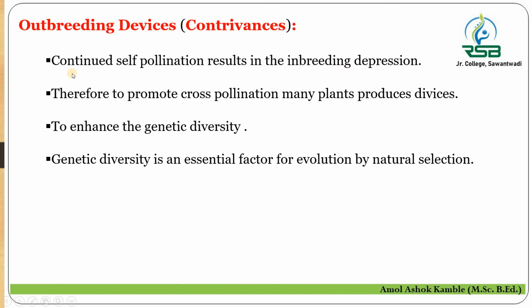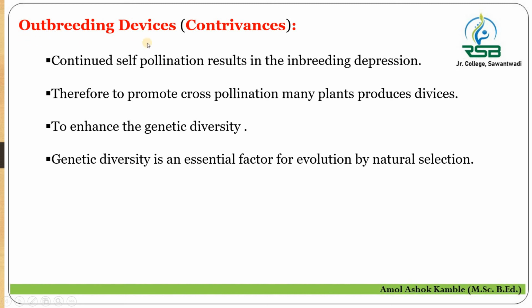To promote the process of cross pollination and to avoid the self pollination, the outbreeding devices are developed, and also they help to avoid the inbreeding depression which is caused by continuous self pollination.